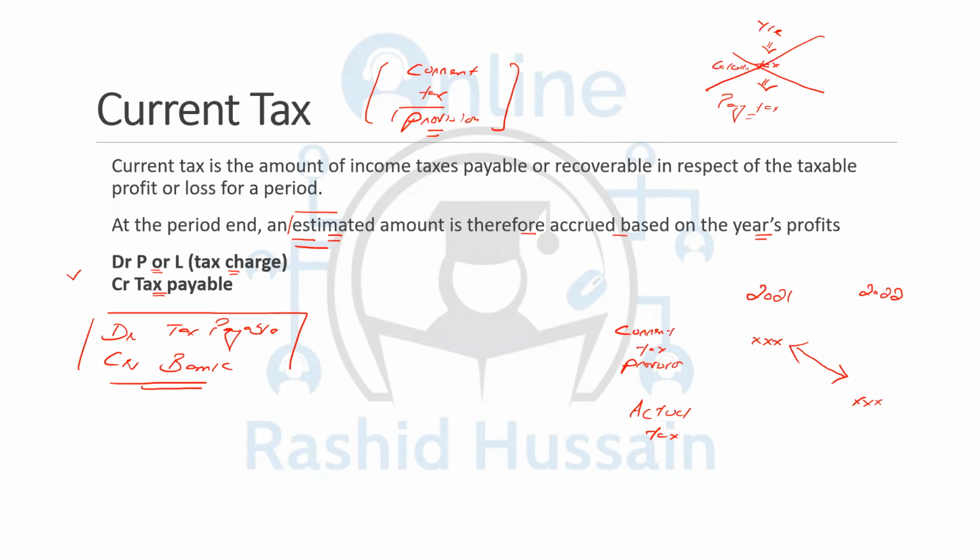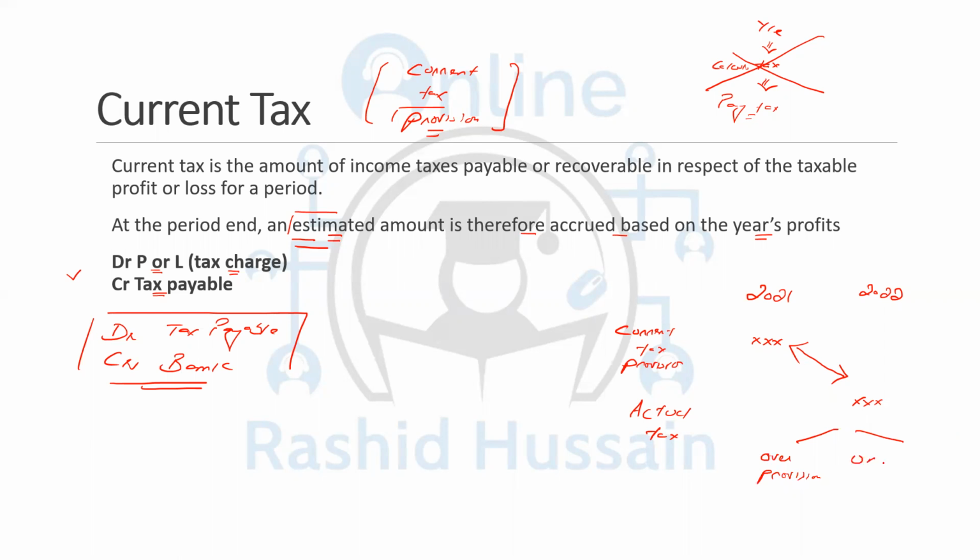There can be two cases. When the actual tax is calculated and compared with the current tax provision, either it is going to be the over provision. Over provision simply means that you booked more tax. You estimated more tax than the actual, and you have recorded more tax than the actual.